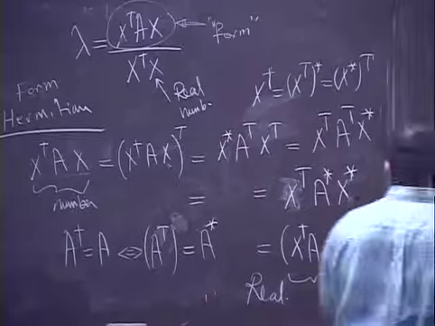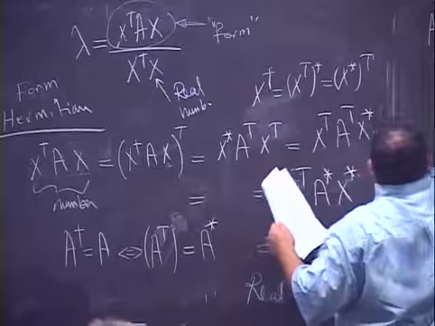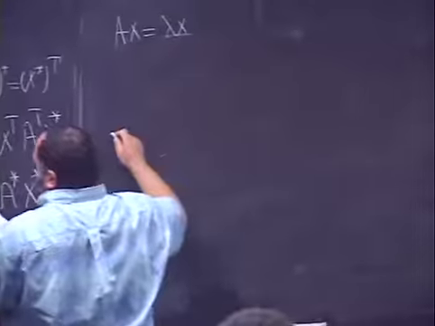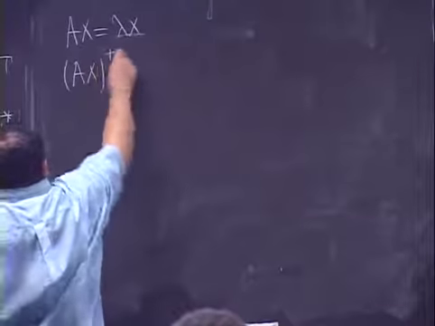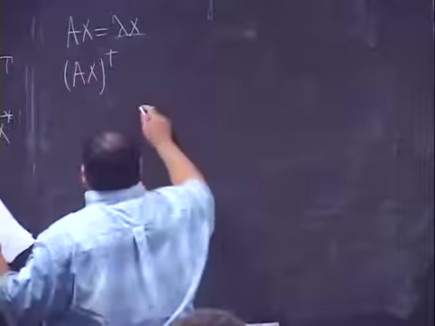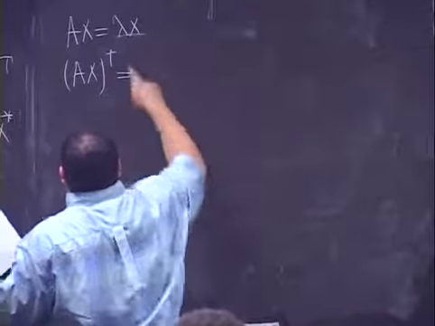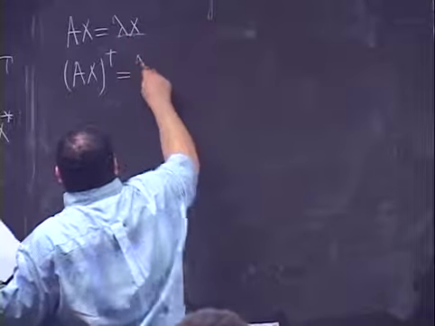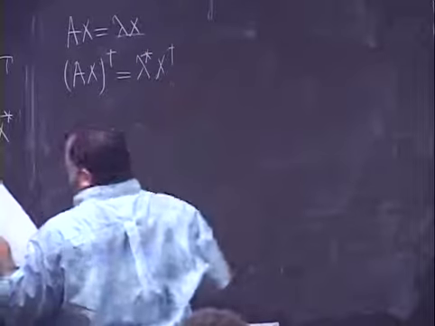So for unitary, if we take AX equal to lambda X. Okay, guys? And I take the adjoint. The adjoint is just transpose and then take the complex conjugate. So when you take the adjoint for a number, it will give you the complex conjugate.